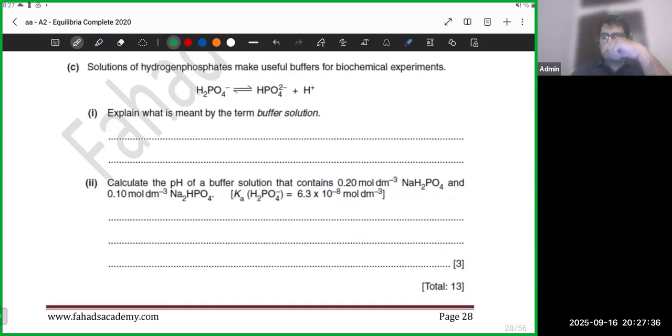What is a buffer? Explain what is meant by the term buffer. A buffer is a solution that resists a change in pH when a small amount of acid or alkali is added.